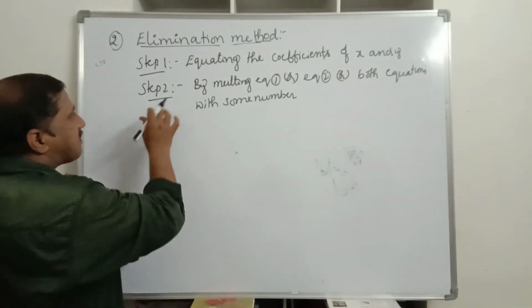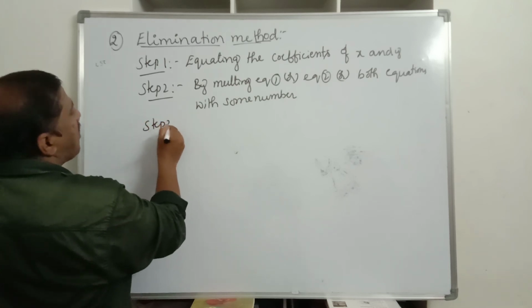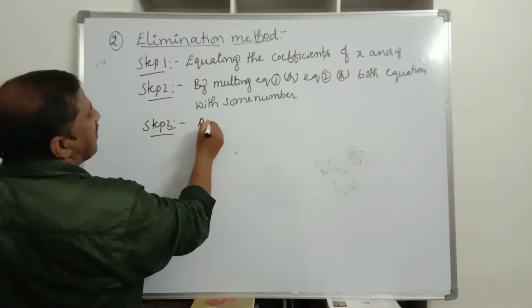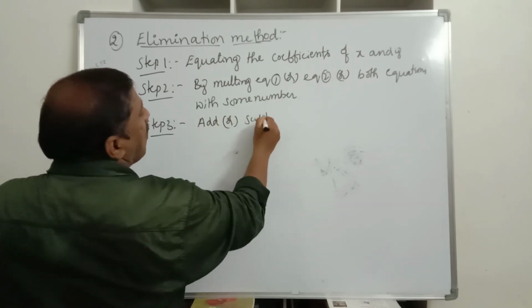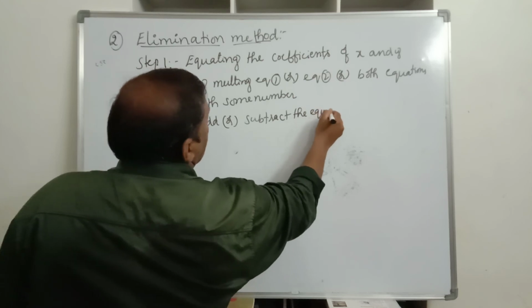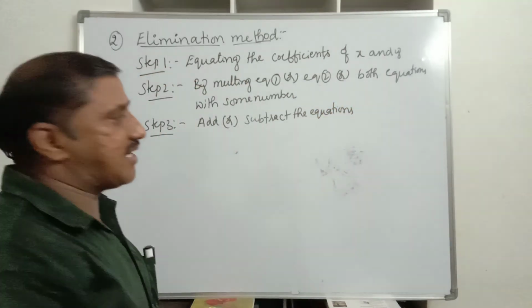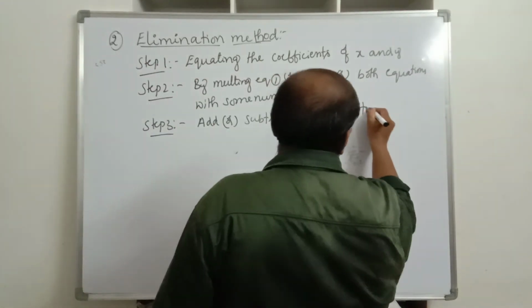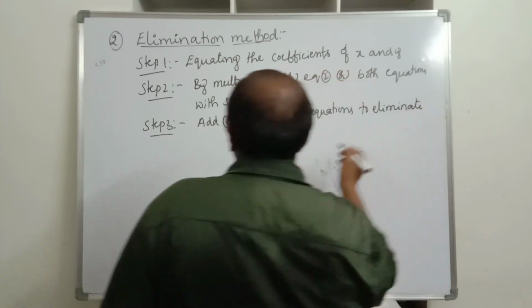The third step is, when the coefficients are equal, we have to add or subtract the equations. Why do we add or subtract the equations? To eliminate or remove one variable.